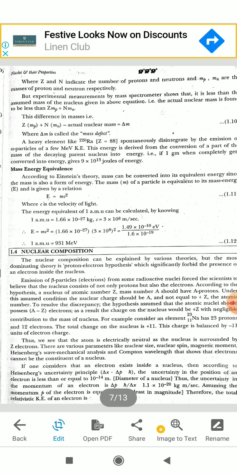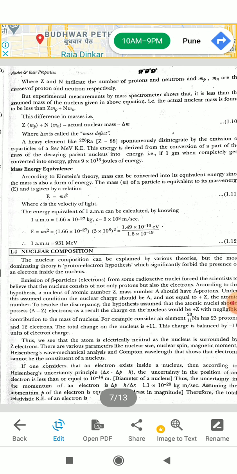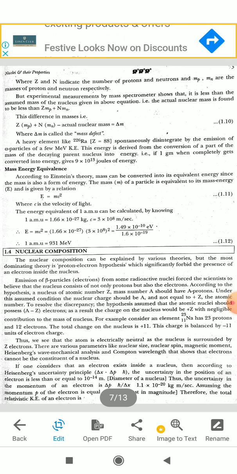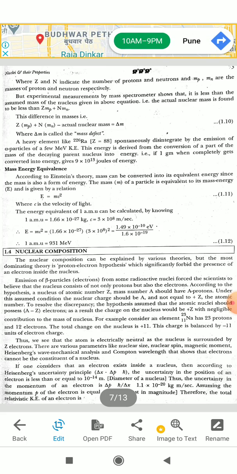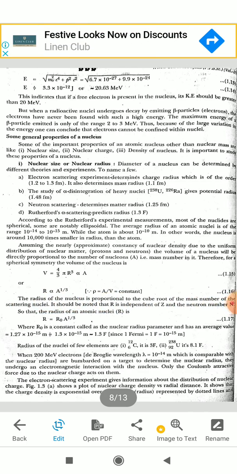The size of the nucleus is in the range of 10 to the power minus 14 to 10 to the power minus 15 meter. So for nuclear composition, the mass number is the number of neutrons plus the number of protons. And if we calculate the energy of electrons which could be emitted from the nucleus, free electrons present in the nucleus with kinetic energy greater than 20 mega electron volt could possibly be emitted from the nucleus.